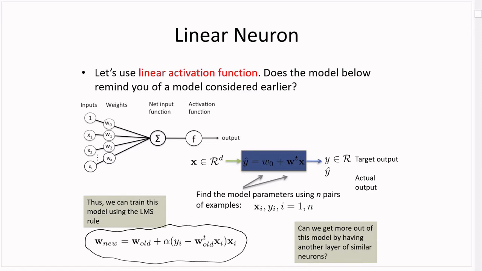which we have seen earlier. Now one might say, all right, with linear neurons, can we form a network where we have several layers?